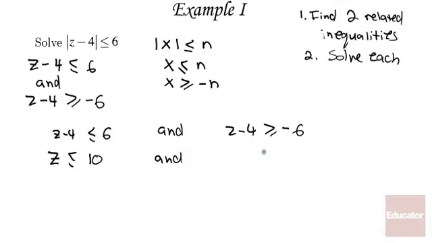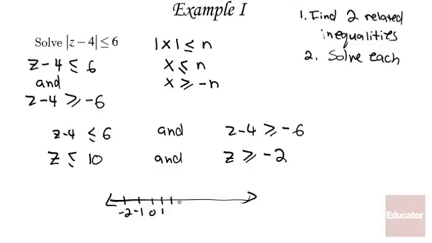And z minus 4 is greater than or equal to negative 6. Again, I add 4 to both sides, which yields z is greater than or equal to negative 2. Representing this on the number line to visualize it, I have to meet both of these criteria. z must be greater than or equal to negative 2, and it must also be less than or equal to 10.